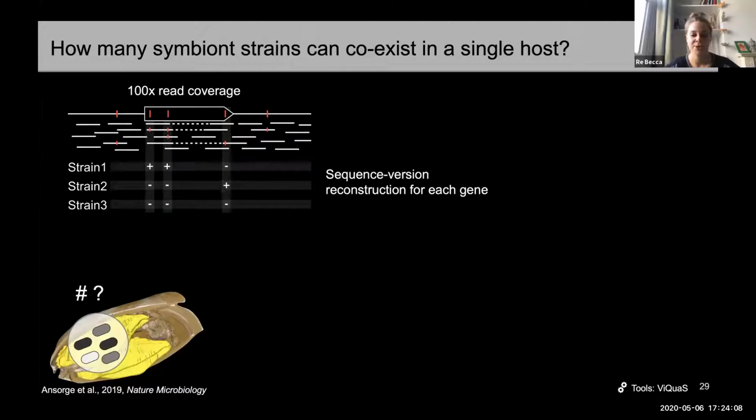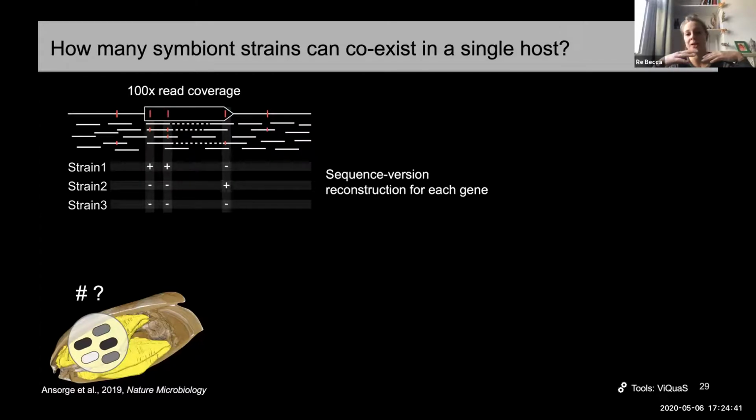We also wanted to know how many symbiont strains can actually coexist in a single host. If you cannot culture the symbionts, this is quite a tricky question to answer. So we again turned to the nucleotide polymorphism data that we had, and using a SNP linkage and SNP frequency approach, we basically took all the genes that are present in every single bacterial cell, so that have an even coverage, and I'll come to that in a bit.